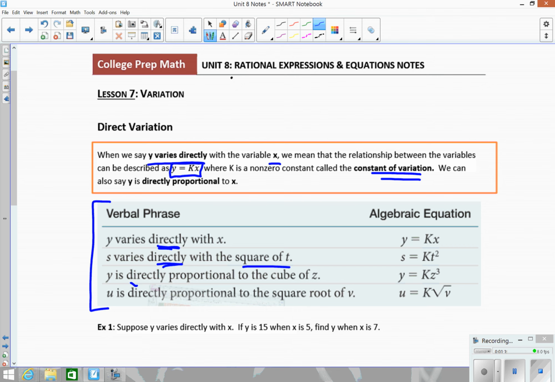And again, remember, another way of saying this is y is directly proportional. So y equals k times, in this case, the cube of z, so z to the third. Again, u is directly proportional to the square root of v, so u equals k times the square root of v. And remember, in all 4 of these, the k is a constant of variation.